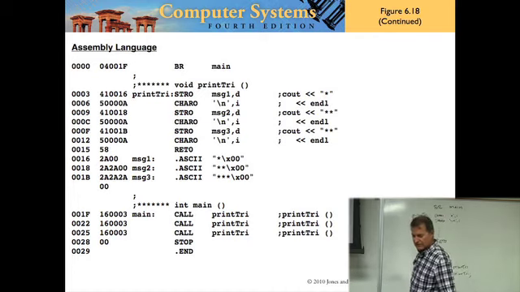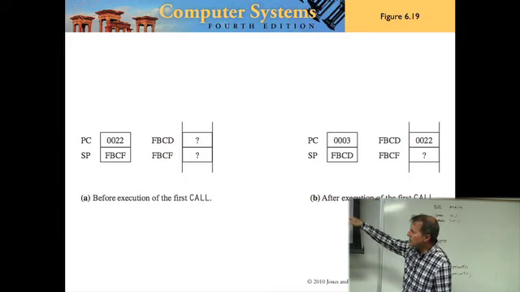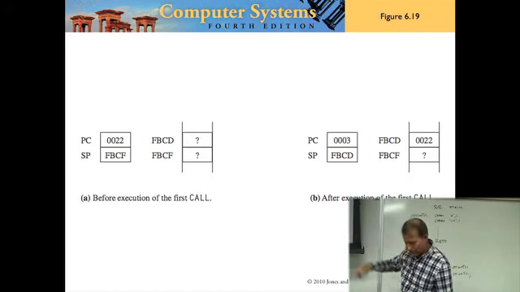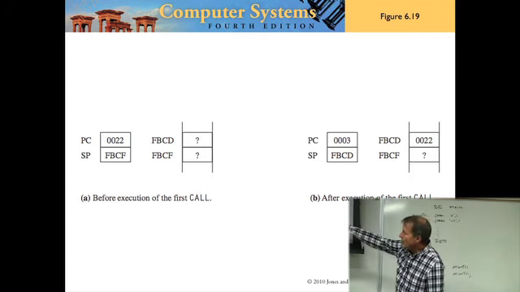And so here's a picture of the actual values of the program counter. Look at the program counter before the first call. How do we know what the program counter is?